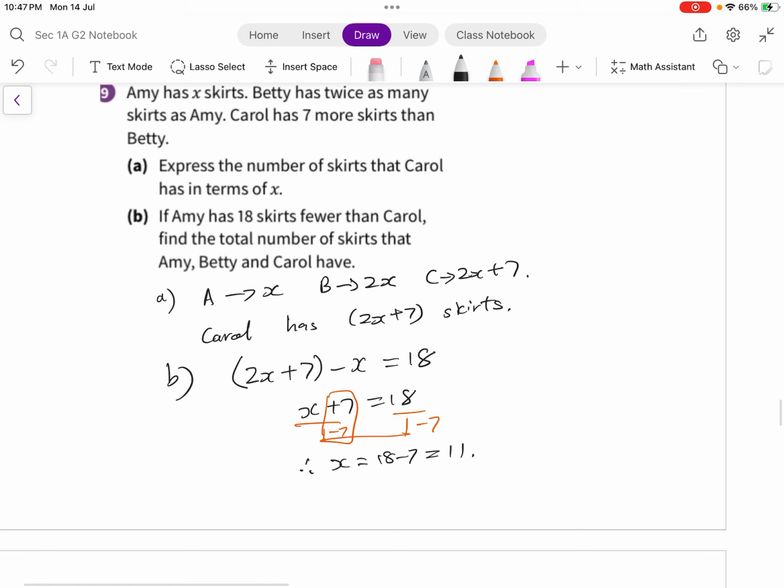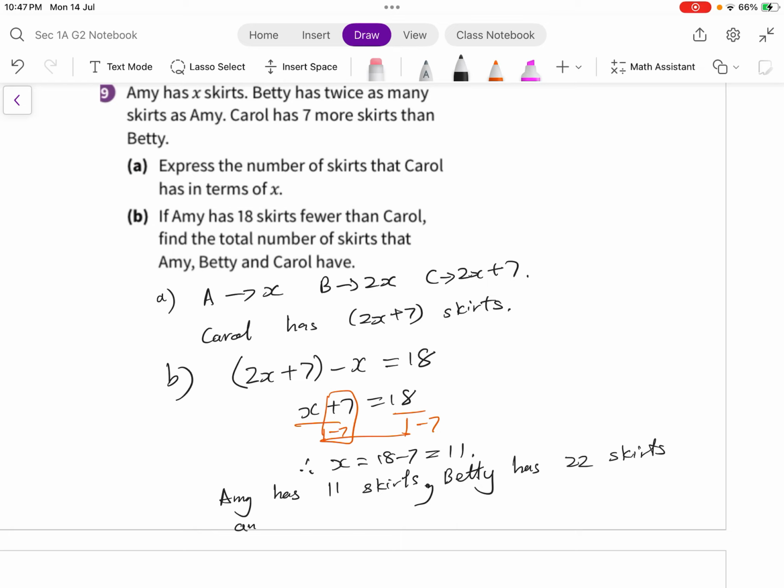Okay, so we know that Amy has 11 skirts. You can do a mental calculation. So Amy has 11 skirts. Betty has double, so Betty has 22 skirts.